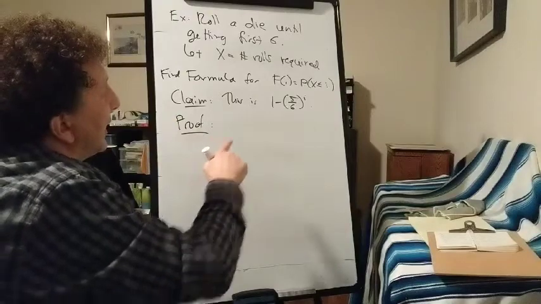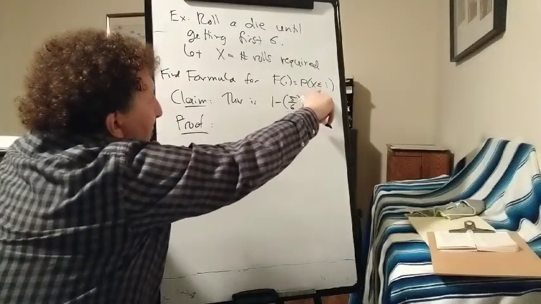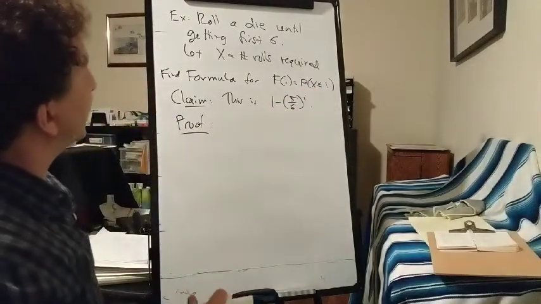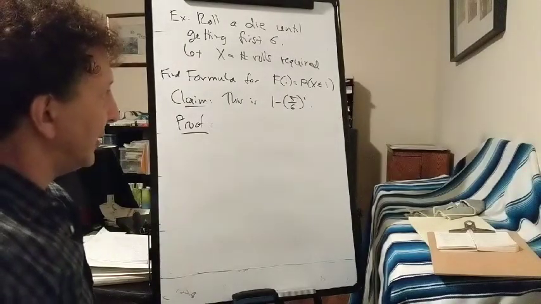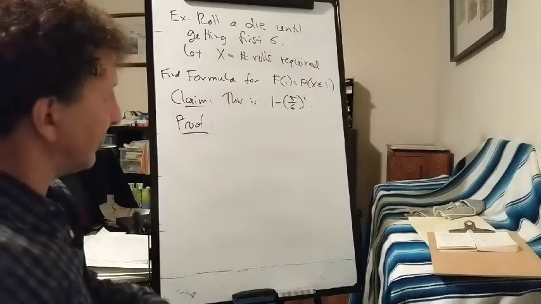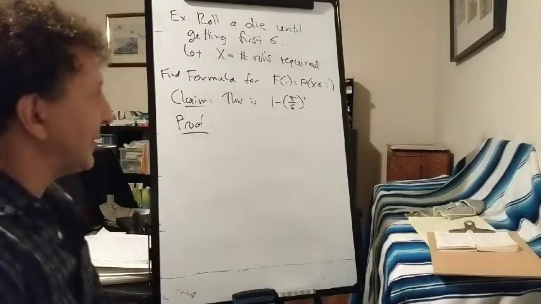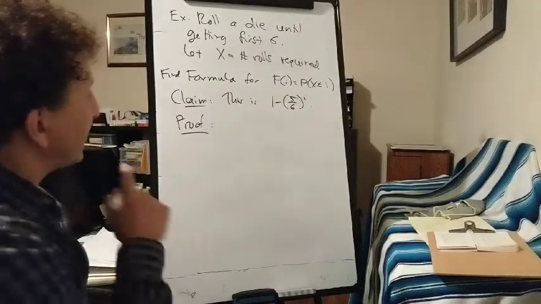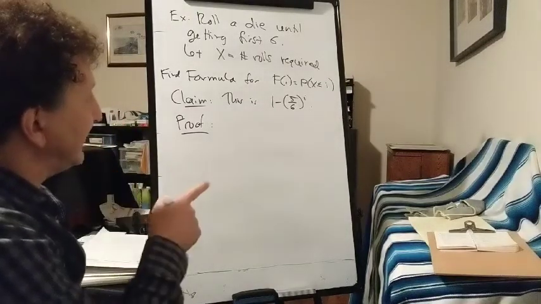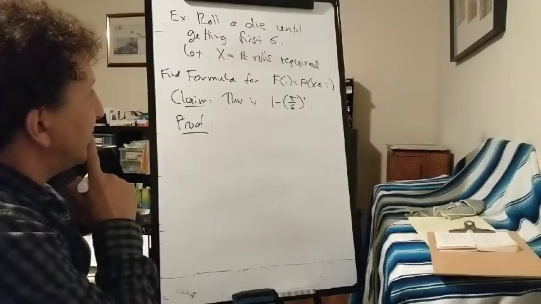So I guess we could sum up the probabilities that we see the first 6 on the first roll plus the second roll plus the third roll, etc., all the way up to the probability of seeing it on the ith roll. Add those together. But I actually found that it was easier to subtract.